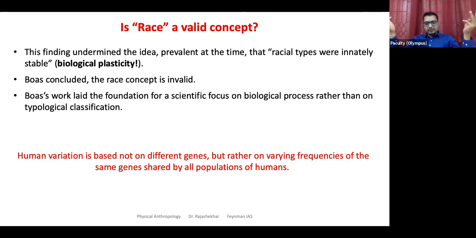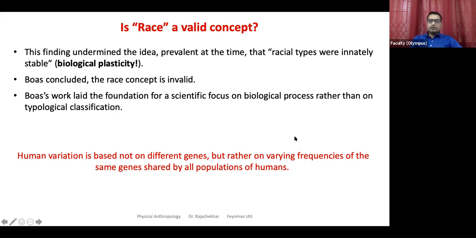But do we have different genes? We don't have different genes. The morphological differences that we are noticing and using to classify races are not coming from different genes that we have. So the differences are not because we have different genes.